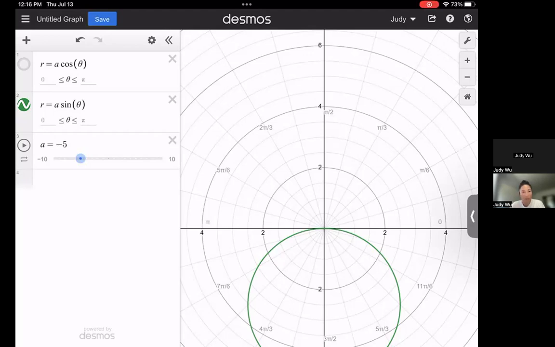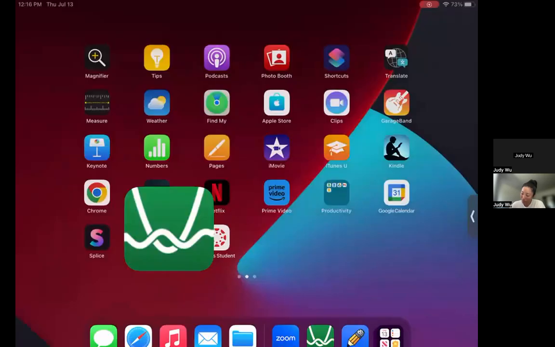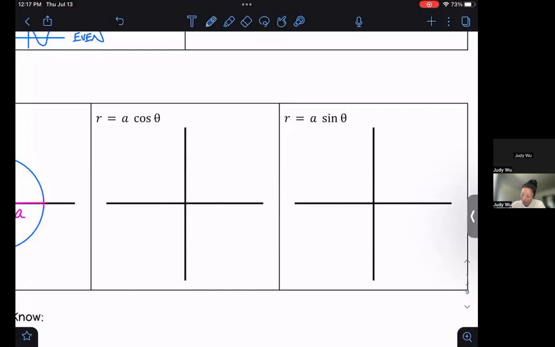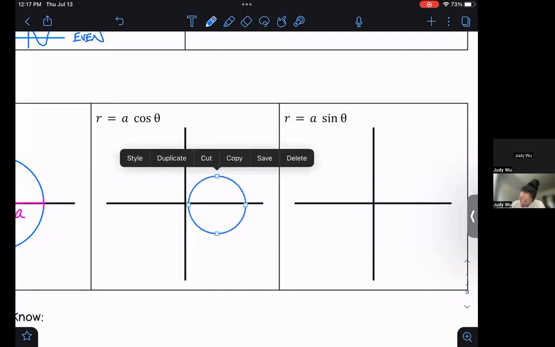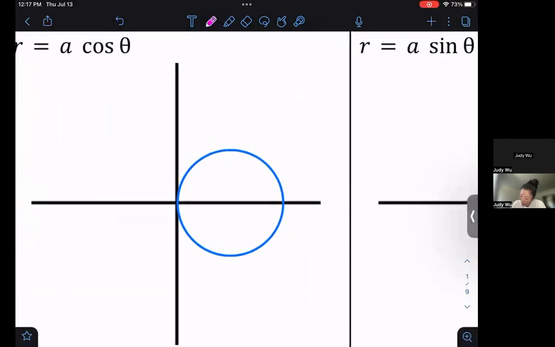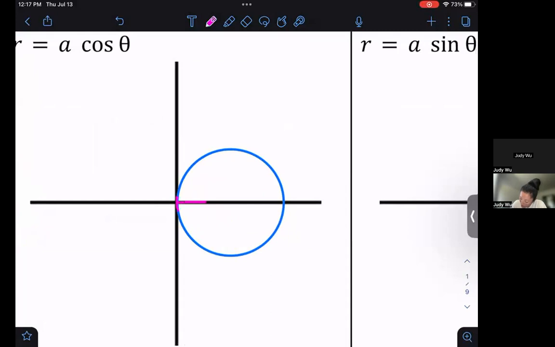So let's go back to our notes and write that information down. All right, so if we have r equals a cosine theta, we end up with a circle on the right, but this distance is a, if we have a positive a, okay?